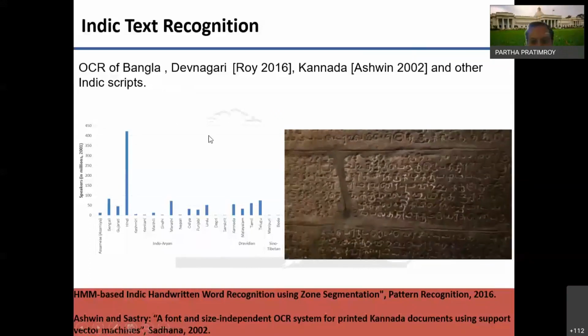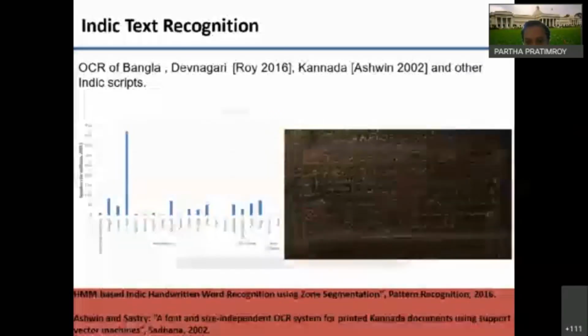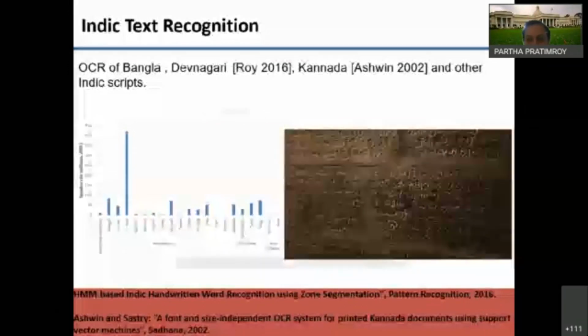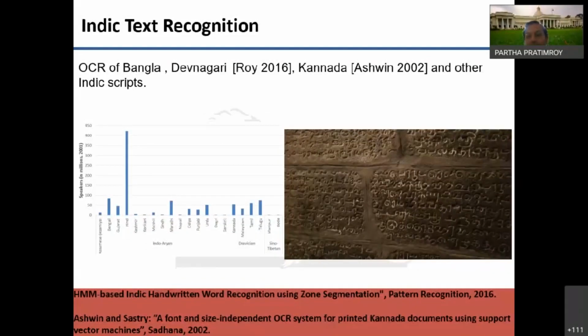You see, I have taken this from a temple in Tamil Nadu, Tirunelveli. This text is in Tamil, and I am from Bengal, so I didn't understand this script. You see it is handwritten, and you do not find any software which can translate these kinds of words into Bengali.